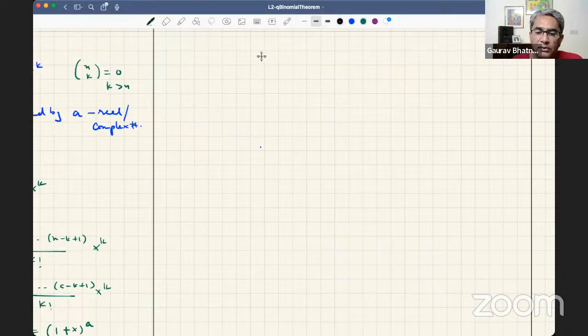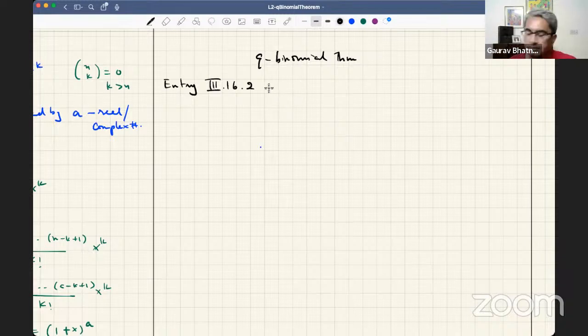Okay, so now finally we get to the q-binomial theorem. And I want to give Ramanujan's proof here. And this is entry, volume 3, 16, and the second entry. And it says that, so this is the theorem.